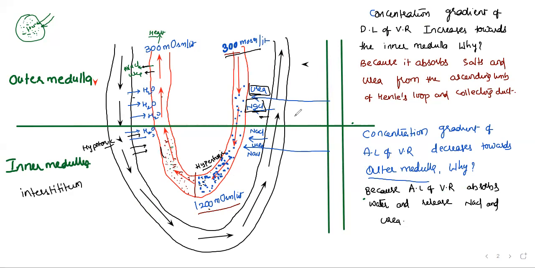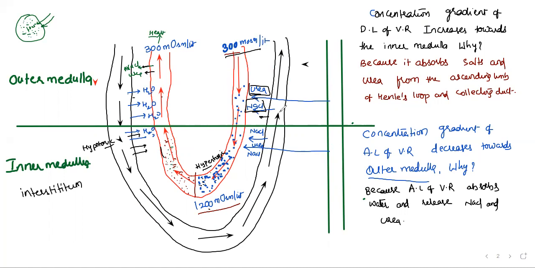The above described transport of substances, facilitated by the special arrangement of Henle's loop and vasa recta, is called the counter current mechanism. This mechanism is helpful to maintain the concentration gradient in the medullary interstitium.